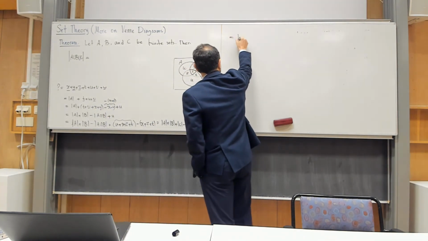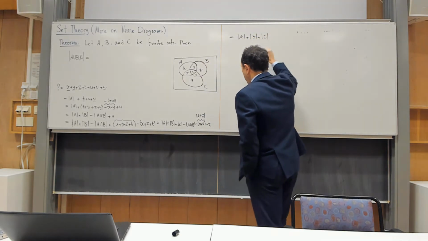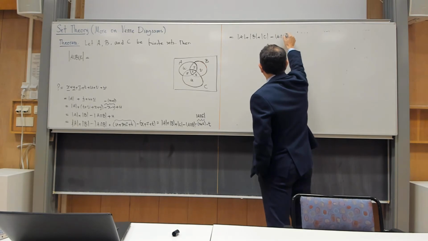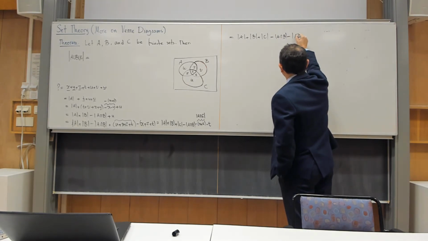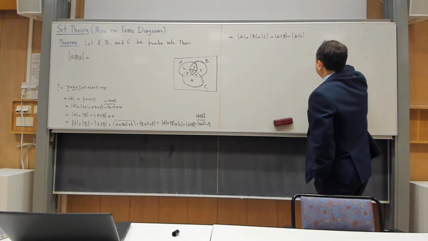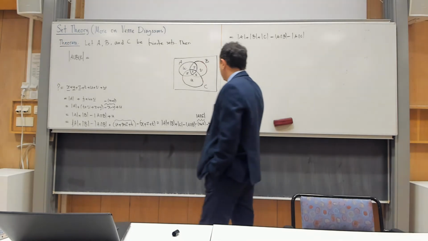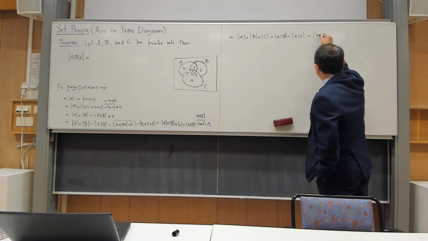Copy and paste cardinality of A, cardinality of B, cardinality of C, minus cardinality of A intersection B, minus cardinality of A intersection C. But as you said, what should I write here? Instead of minus T, I write minus T plus X, but plus X.